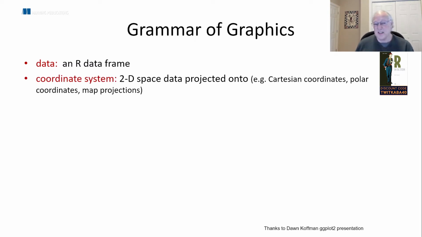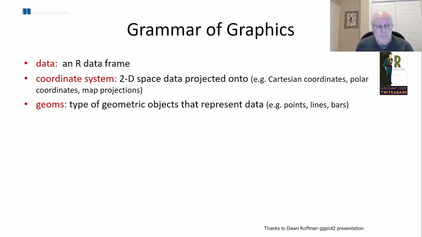And then a coordinate system. Everything we're going to do today is a 2D coordinate system. There's going to be an x-axis and a y-axis. If you were going to create maps, or you're going to look at pie charts, for example, you might use polar coordinates, map projections, but we're just going to stick with straight old 2D coordinate systems, but certainly ggplot can handle these other systems.